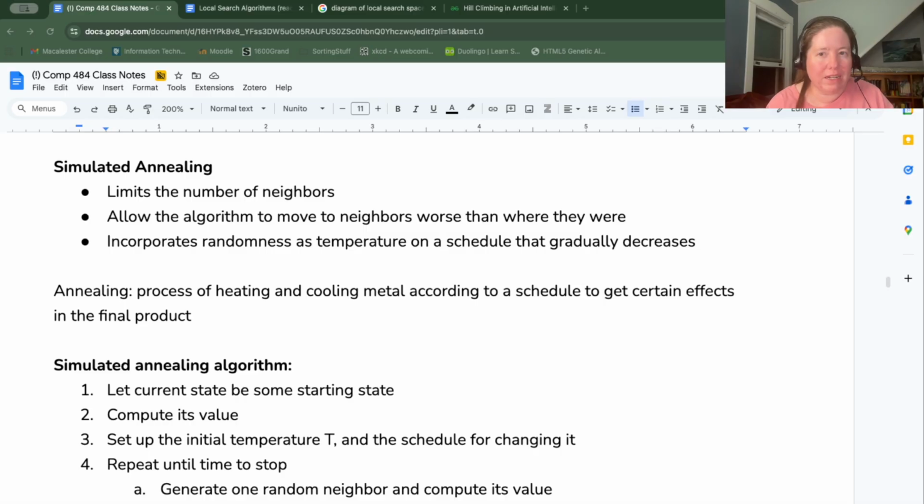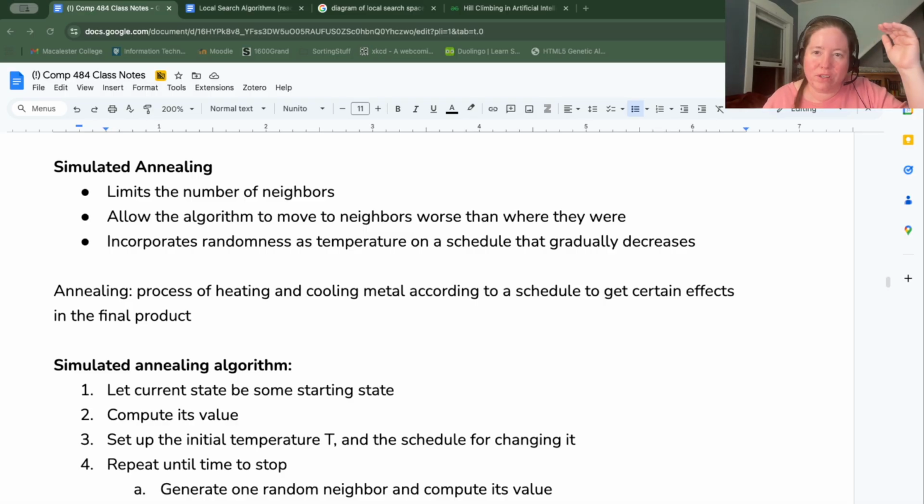So with simulated annealing, what we do most of the time is we set a schedule where our temperature is high initially and then gradually decreases over the run on a schedule, not necessarily impacted by what's going on in the particular search, but just over a certain number of steps, the temperature declines. What does that do?